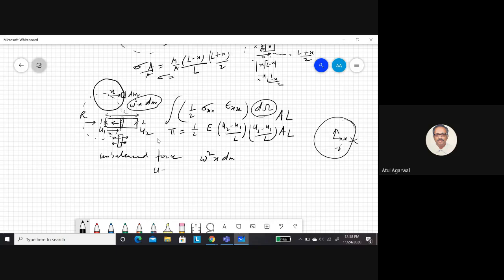So this will be u1 plus that, or rather we call it N1 u1 plus N2 u2. What is your N1? 1 minus x by L. What is your N2? Okay, this is what you expect.